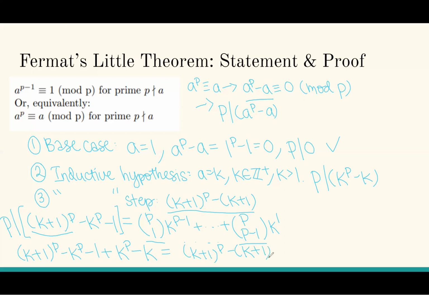Now, what we have here is the following. This part, by our above proof, is a multiple of p. And this part, by our inductive hypothesis, is a multiple of p. And therefore p divides this whole thing. And that means that our inductive step is true as well.